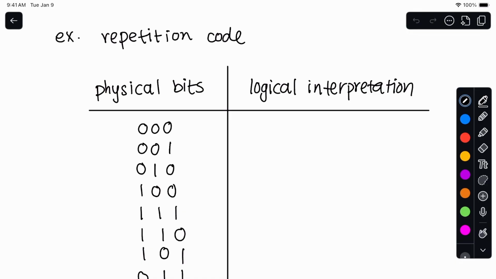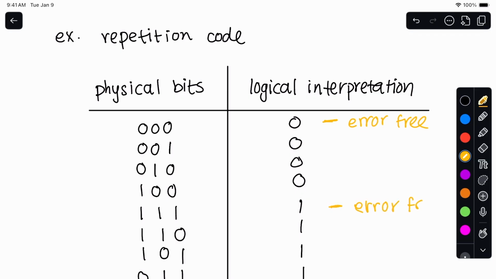So here, this would be 000, 001, and so on up to 111. And then here, these top 2 cases are the error-free cases, because the all 1 state and the all 0 state are our logical 0 and logical 1. But these other ones are off from the logical state by 1 bit, so we can detect and correct for that error.